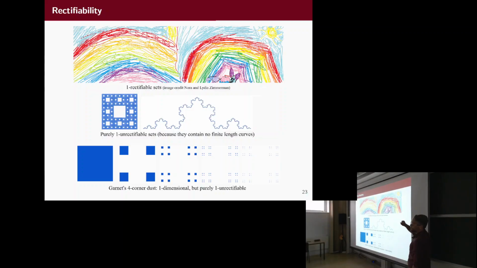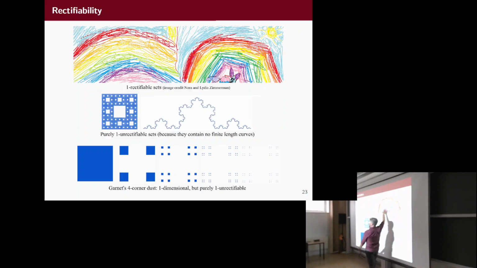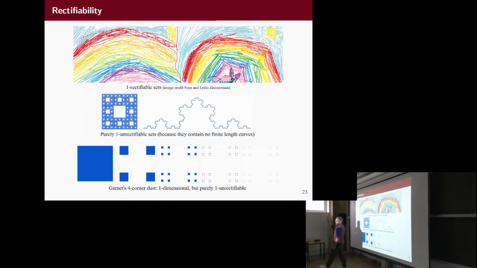All right, the top pictures are not AI generated. Their image credit is Nora and Lydia Zimmerman. I know that's one rectifiable because I saw my kids draw it, and they did it in finite time. So this is an example of a one rectifiable set because it can be covered by one-dimensional curves.